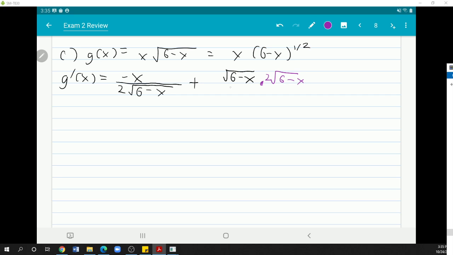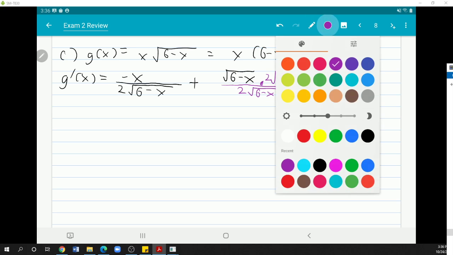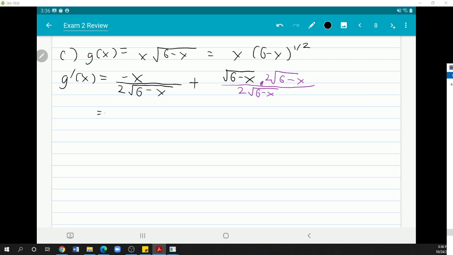So 2 root 6 minus x over 2 root 6 minus x, multiplying by a useful form of 1. And I get that this is equal to minus x plus 2 times 6 minus x, because I have root 6 minus x times itself. And then finally I have 2 root 6 minus x on the bottom.